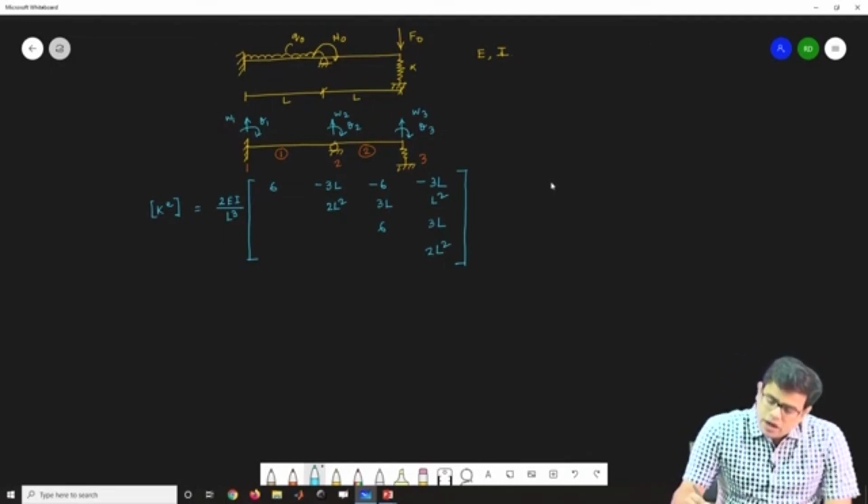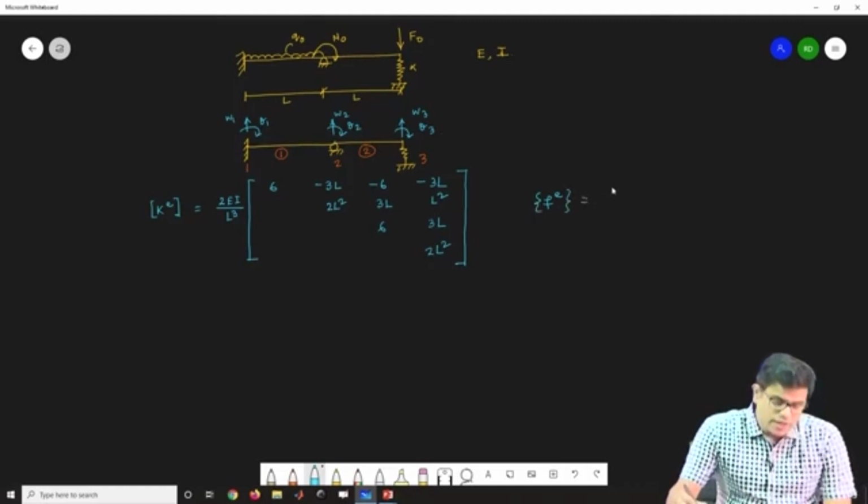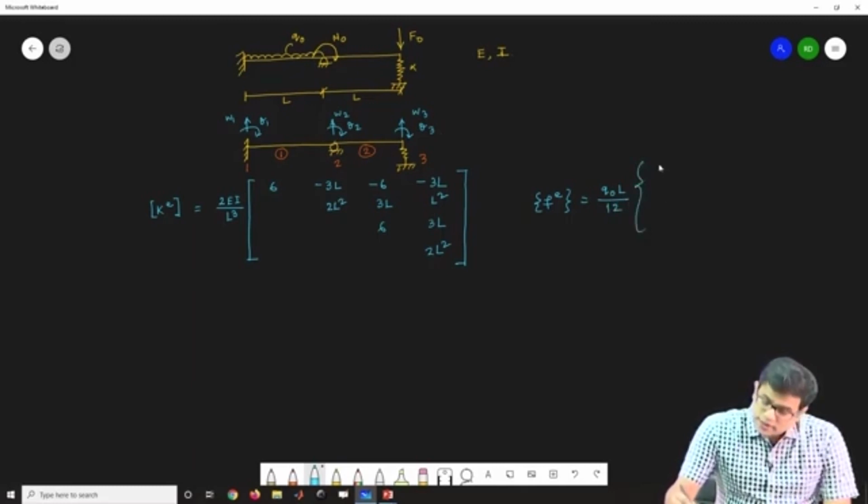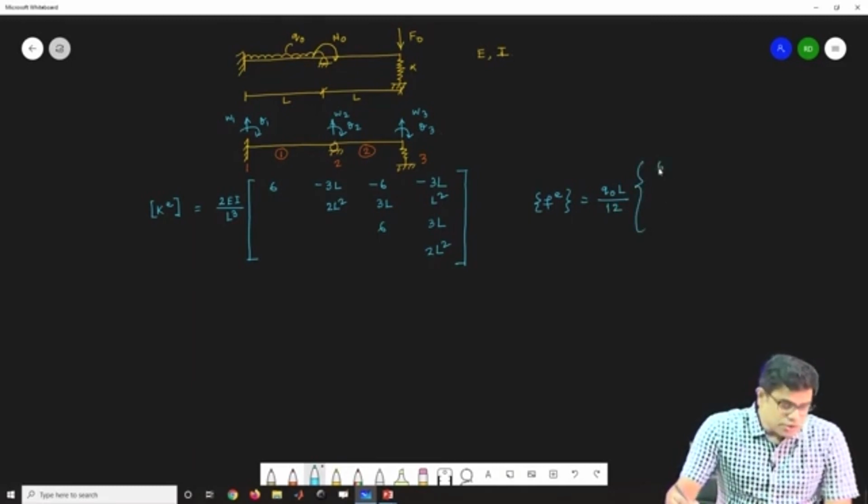So, I can compute the elemental body force vector, as I calculated in the previous class. We all know how to compute it. That is Q0 by 12 times 6, minus L, 6, L.